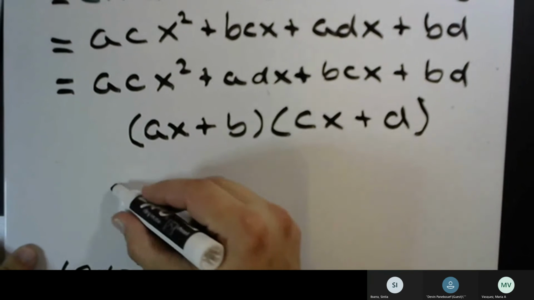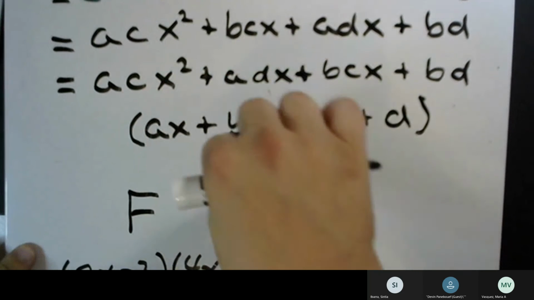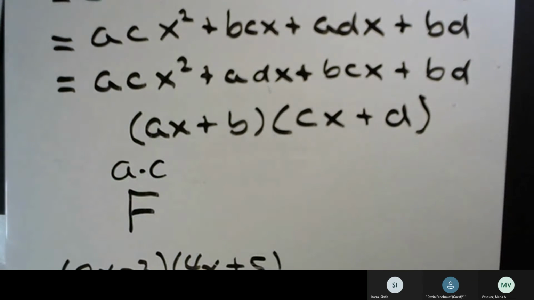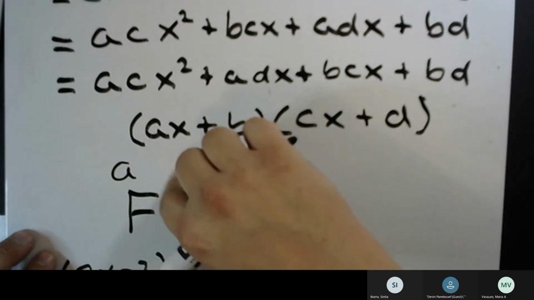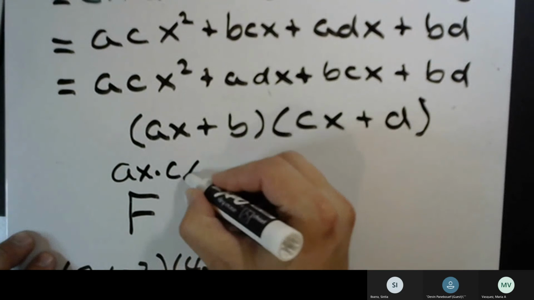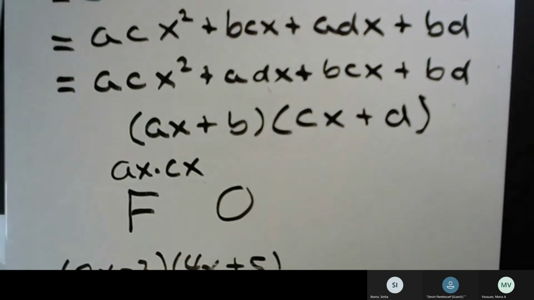I have an f here for first. We have a times c. Or I'm sorry, ax times cx. So we're going to bring the x's with them also.